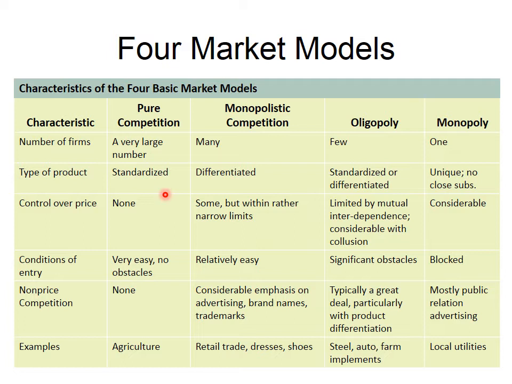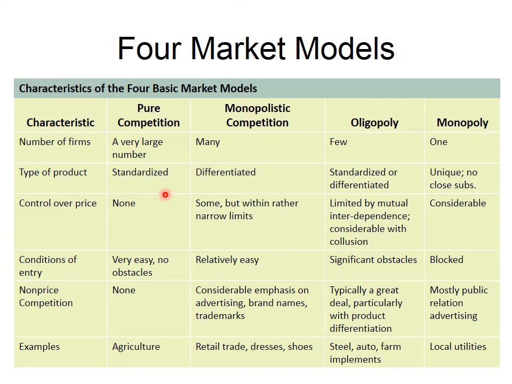But there are two classic examples of oligopolies that we'll ultimately talk about. The first is the very famous OPEC cartel. Well, that's a uniform product. One barrel of oil is the same as another barrel of oil. And the other is the Medellin and Cali cartels in cocaine distribution from South America.